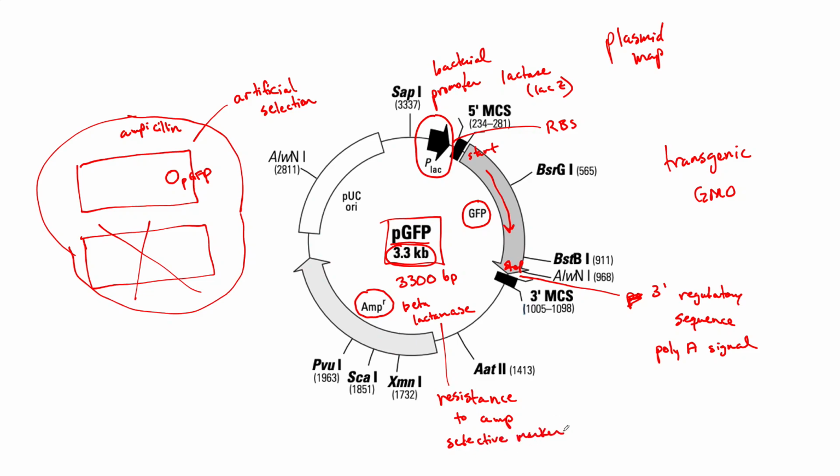It basically allows us to select for bacteria that have the plasmid. Now, if they have the ampicillin resistance gene, they will by default also have the GFP gene because they're on the same plasmid. The last thing I want to show you is this PUC ORI. This is what we call an origin of replication.